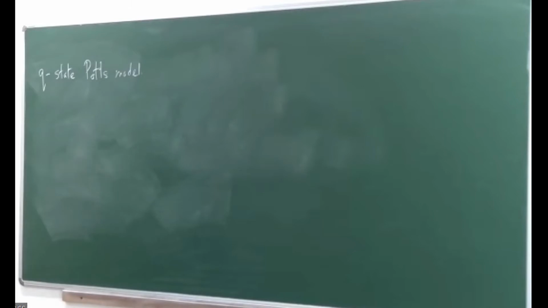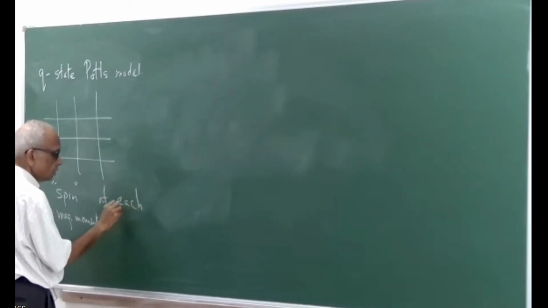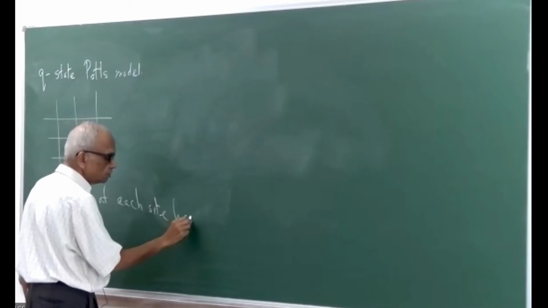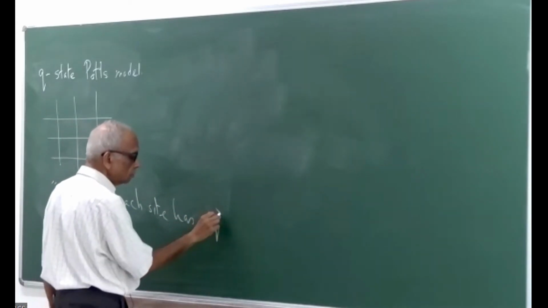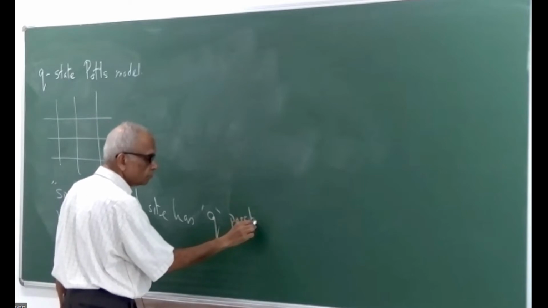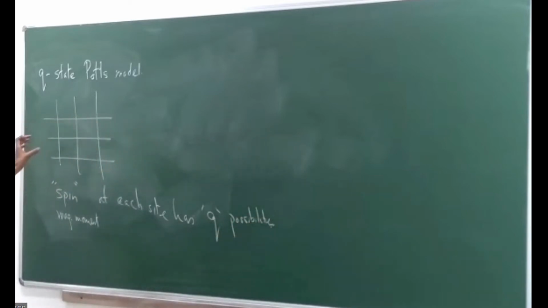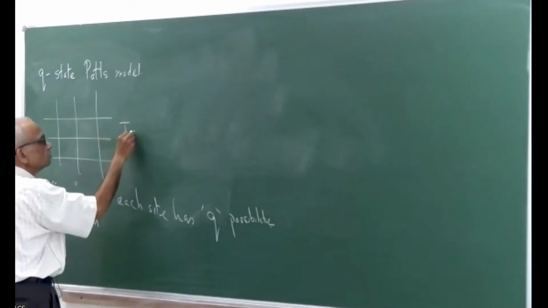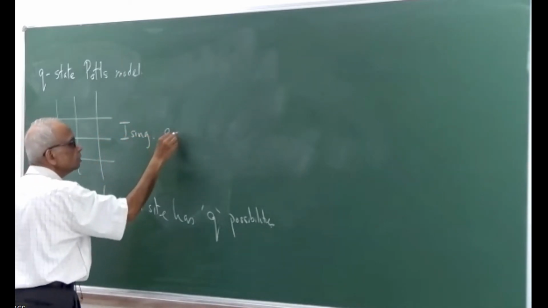The Q-state Potts model is similar to the Ising model that we discussed, except that the spin, or magnetic moment, whatever you may call it, at each site has Q possibilities. The Ising case, which we discussed, is Q equal to 2.